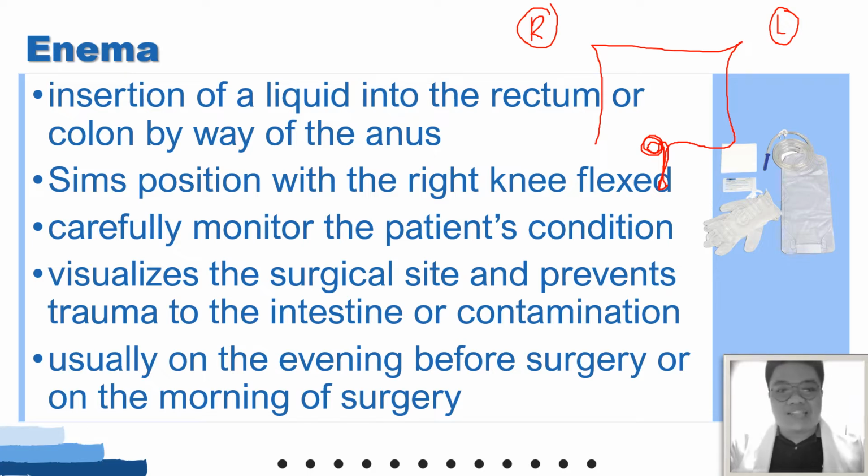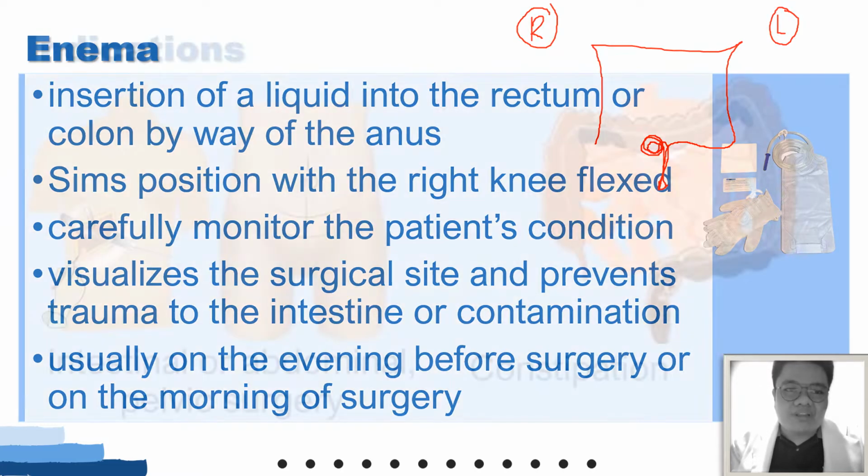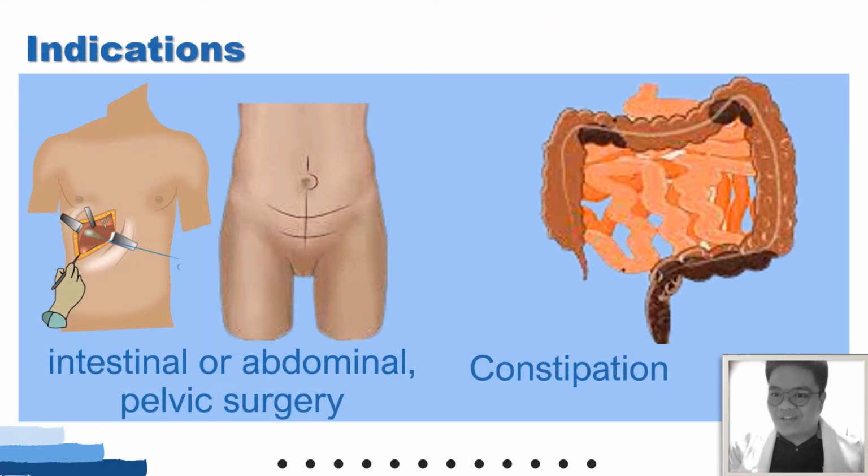In other words, class, until the poop becomes clear, which would signal that your patient's bowel is already clean. Now, what are the indications? As mentioned, you have your intestinal or abdominal pelvic surgery, because this would entail, class, surgery in the colon.